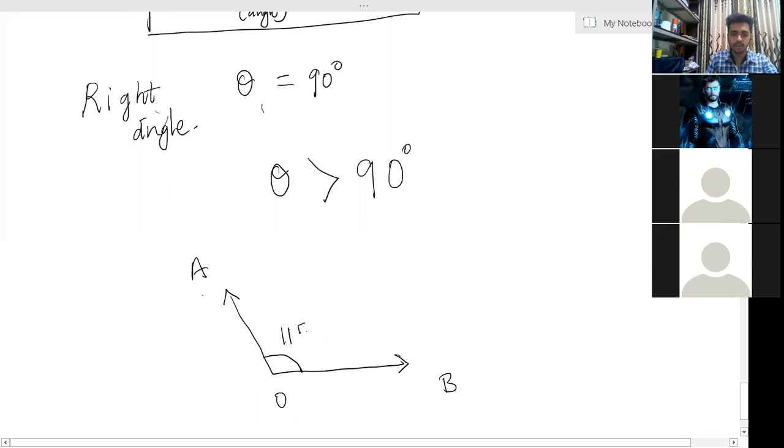Let's say this is 115 degrees. So over here, angle AOB is equal to 115 degrees.